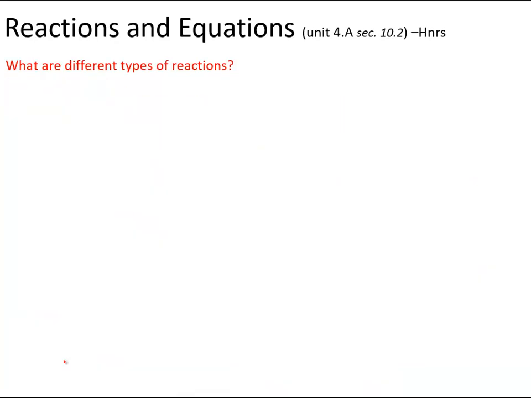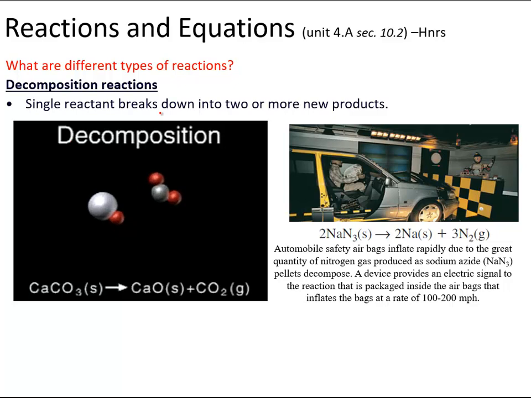Let's take another example. Decomposition. In a decomposition reaction, we have a single reactant, in this case, breaking down into 2 or more products. It's the opposite of a synthesis reaction, if you can see. A common example of a decomposition reaction, which is an important reaction that happens in automobile airbags. There's a canister inside of your steering column or maybe your dashboard that contains solid sodium azide.